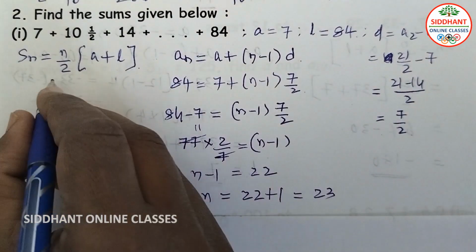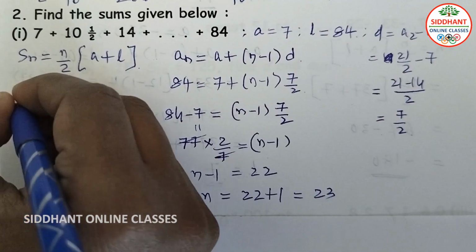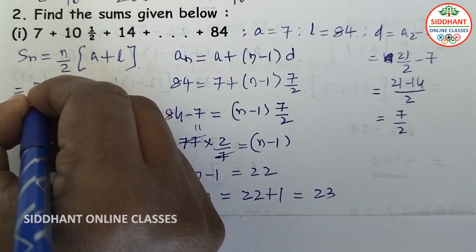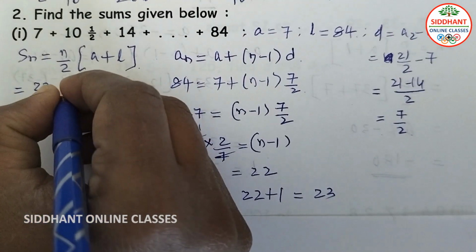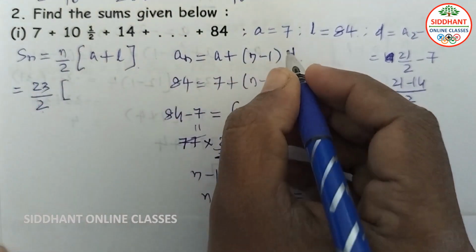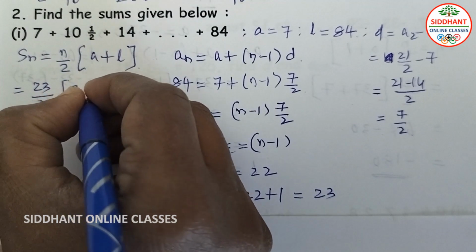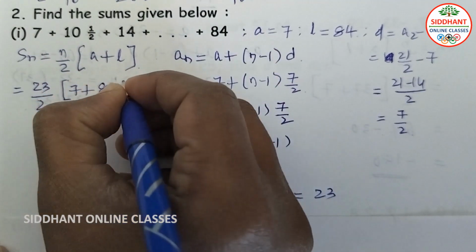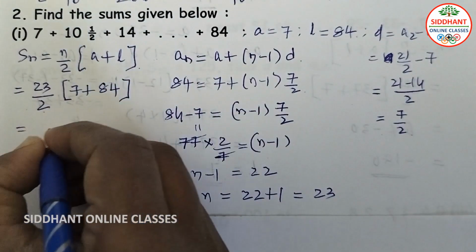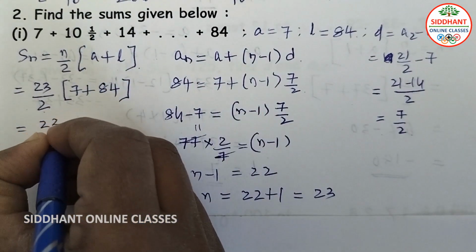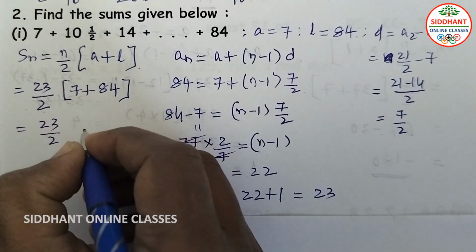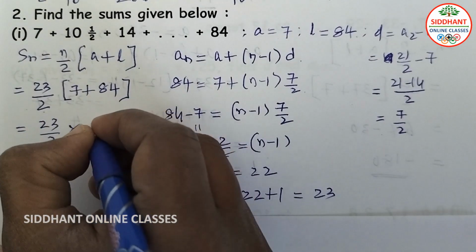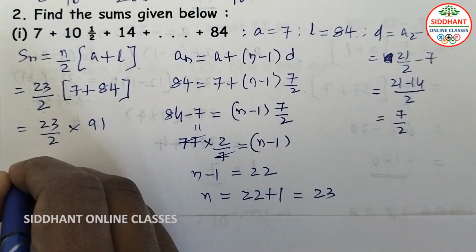Now we are going to input in the sum formula, that equals n by 2, that is n is 23 here, 23 by 2 here, into a, which is given, that is 7 here, L which is also given, 84 here. So now when you simplify, 23 by 2 into 7 plus 84, which will be 91 here.